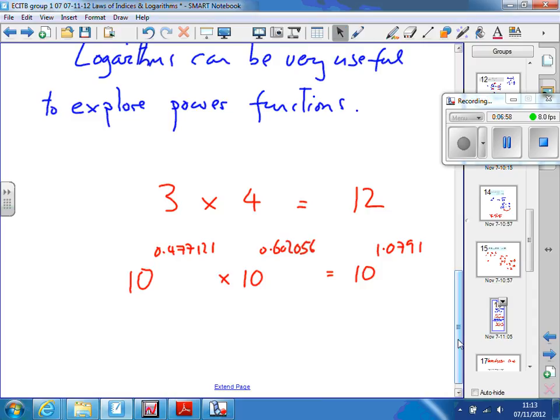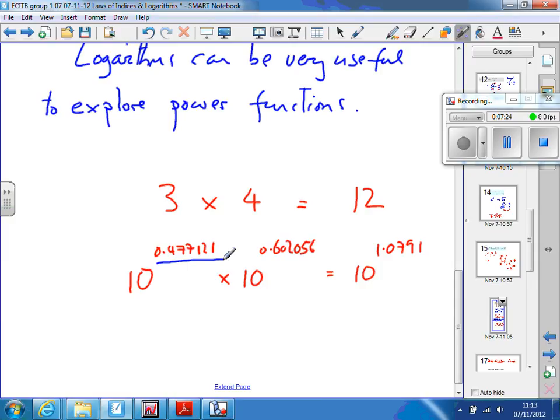In other words, and this is something that I used to use before calculators came along, if I wanted to multiply two numbers together, obviously not 3 times 4, but some quite long numbers, what you would do is turn them into logarithms. You'd find the power to which 10 has to be raised to get that number.